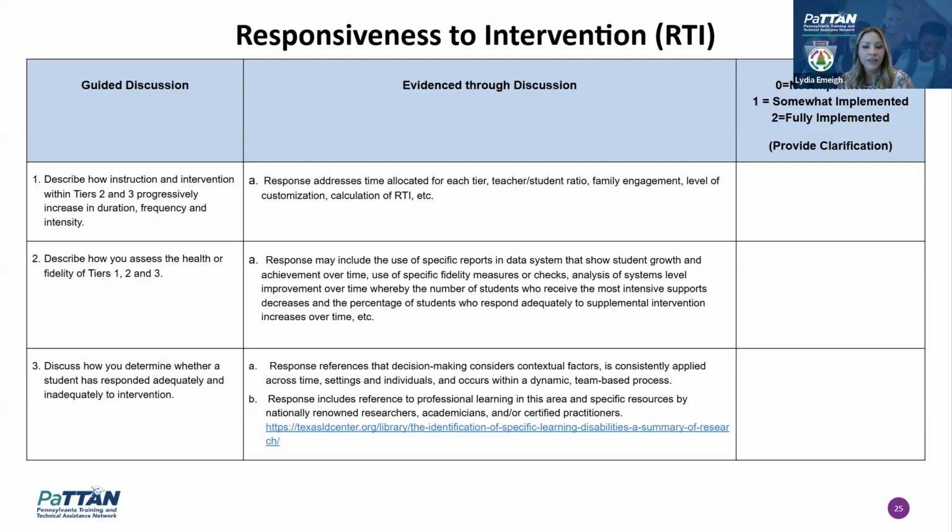Through discussion, the LEA team will ask, do decision-making protocols account for contextual factors? Are these protocols applied consistently across time, settings, and individuals? And do these protocols occur with a dynamic team-based process? Teams should reference professional learning in this area and provide specific resources.